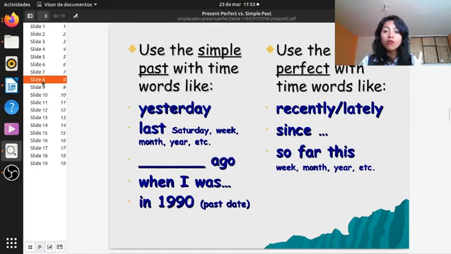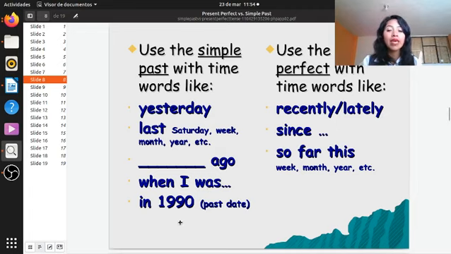We use the simple past with time words like yesterday, last Saturday, last week, last month, last year, etc., right? And we are going to have some expressions like ago: 5 years ago, 3 months ago, 5 days ago, or something like that. And also we can have structures like this: when I was 5, when I was a child, when I was in high school, when I was a teenager, when I was in kindergarten maybe.